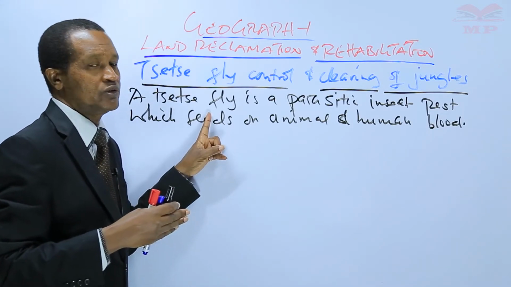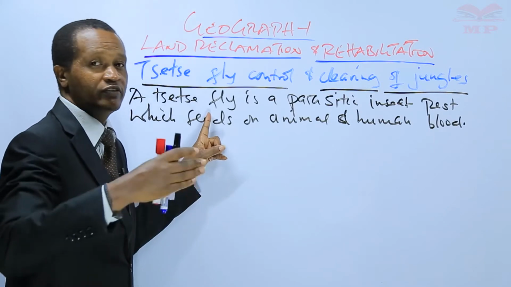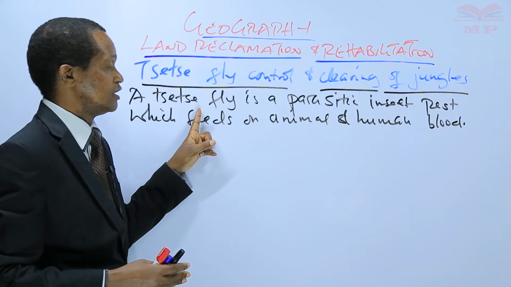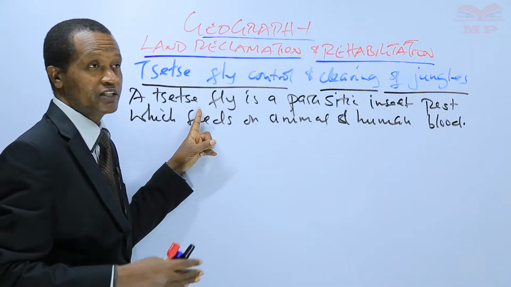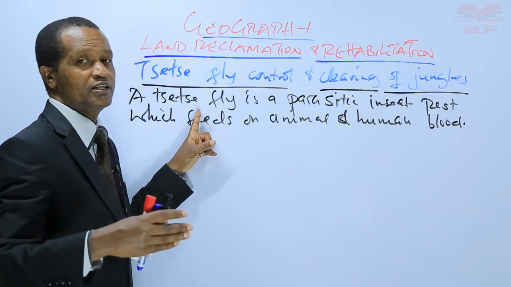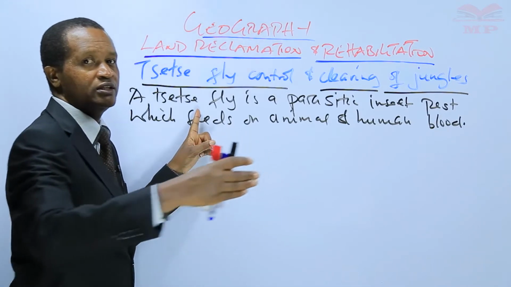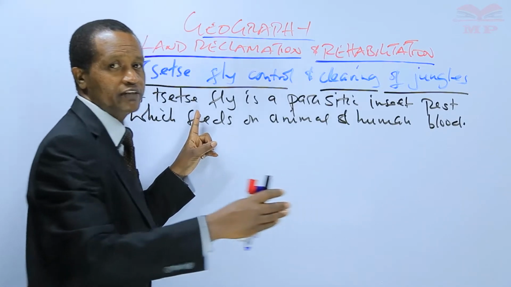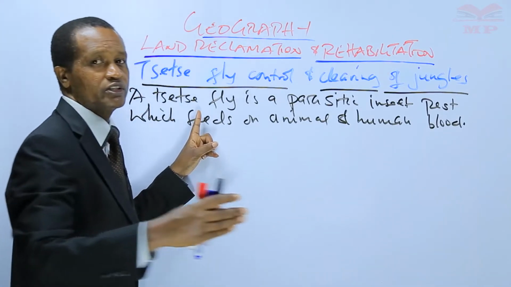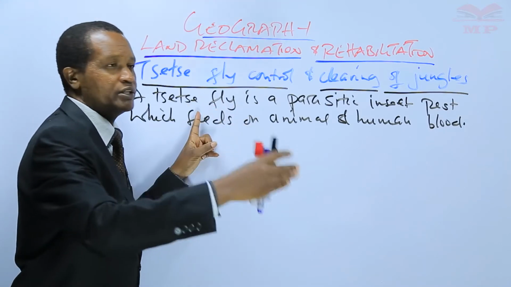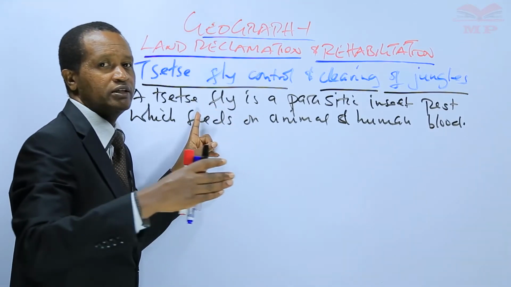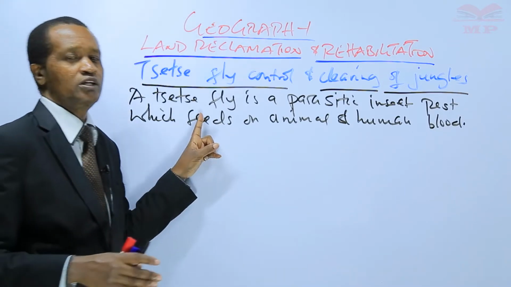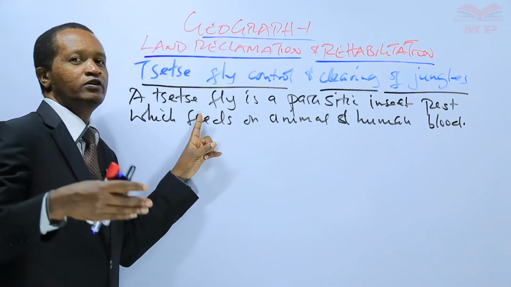So learners, I'm giving an example of regions that have been affected by tsetse flies, and I've said the Lambwe Valley, Homa Bay County, the valley extending to Lake Victoria. I've said that the hot and damp climate coupled with the swampy vegetation in that area provides a very favorable breeding ground for tsetse flies.